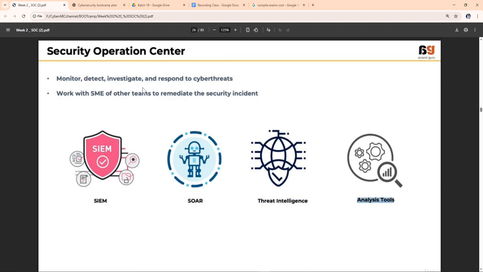Another thing to note is if you are grounded in SOC, the probability of not fitting into over 60% of job roles in the market is very small. Someone who works in the SOC environment has 80% of the skills on how to defend, then 20% skill set on how to attack. So you have a good level of understanding of how to play in both worlds.